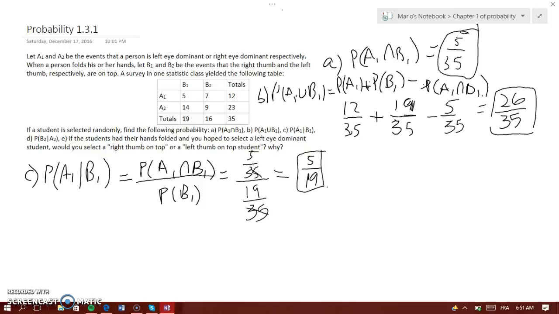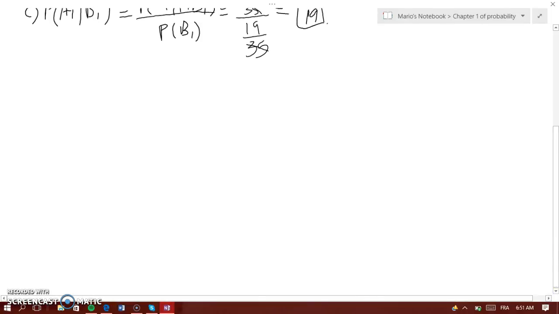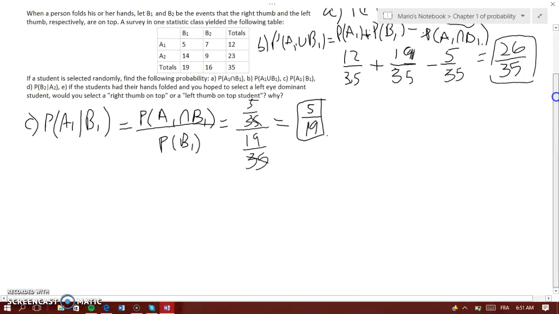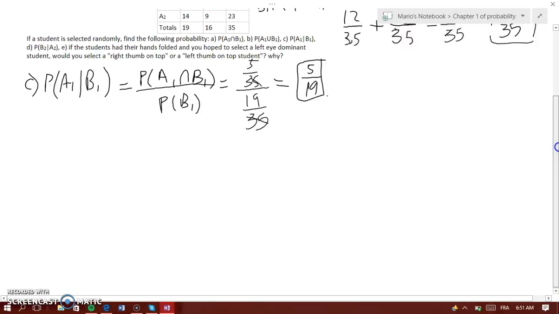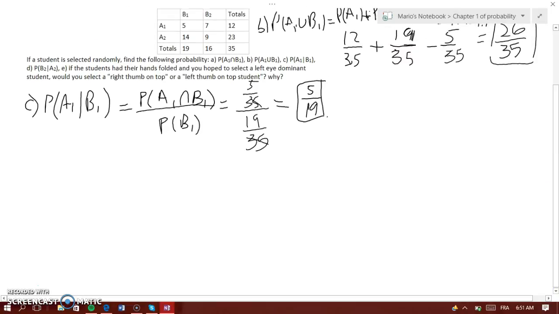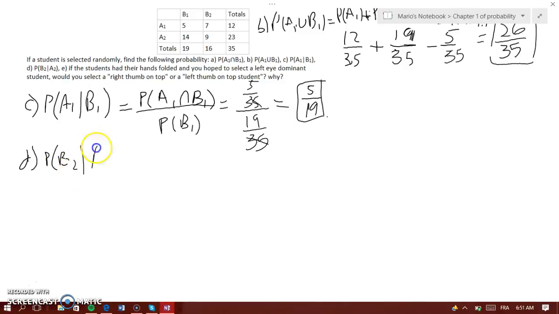In part D, it is asking for PB2 given A2, which is the same thing as PB2 intersection A2 over PA2.